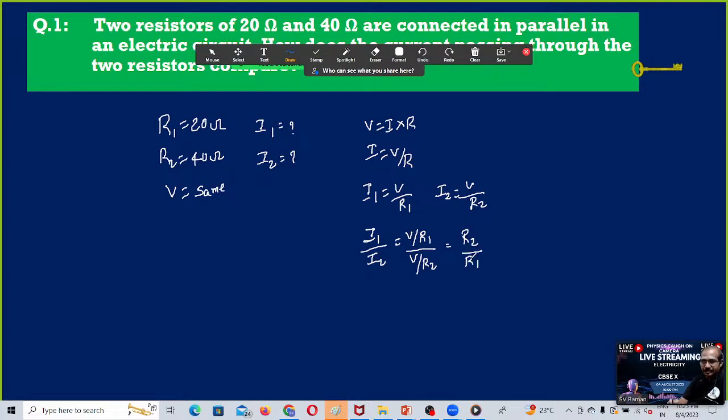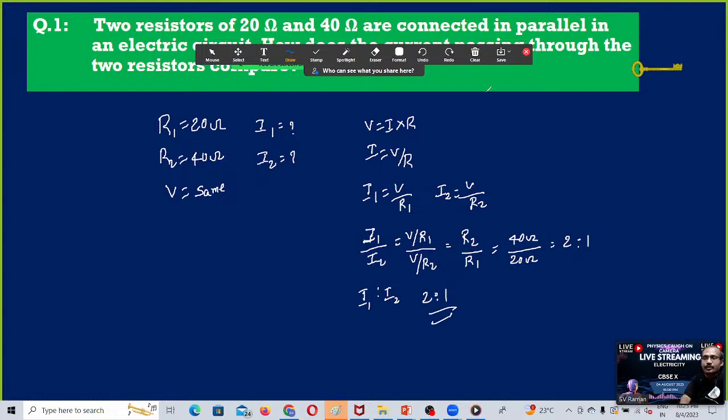They have given R2 as 40 ohms and R1 as 20 ohms. So we will get 2:1. I1 is to I2, the ratio is 2:1, is the answer.